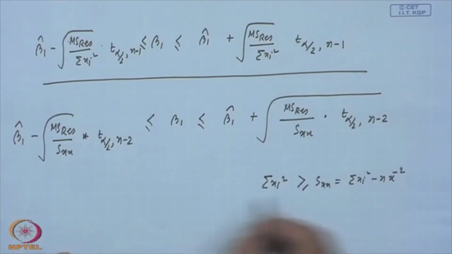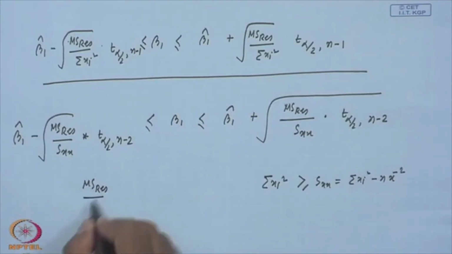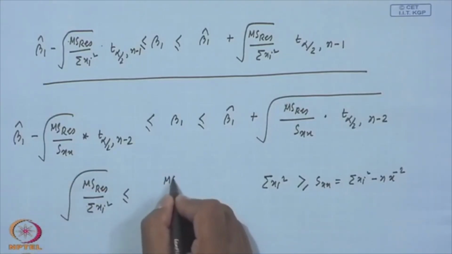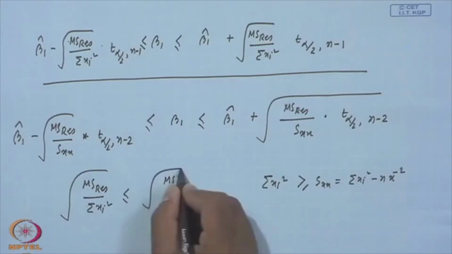So, from here I can say that M S residual by summation x I square is less than or equal to M S residual by S x x.